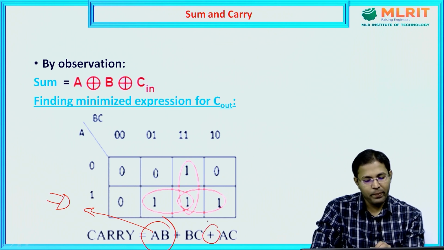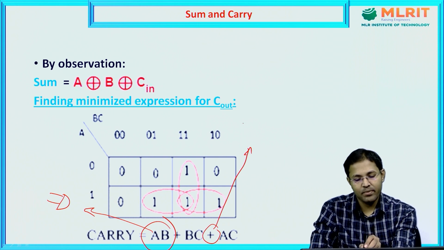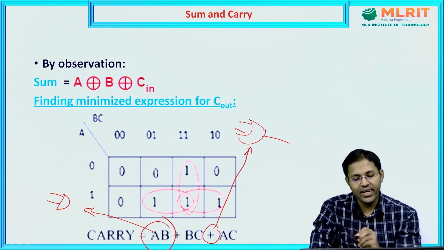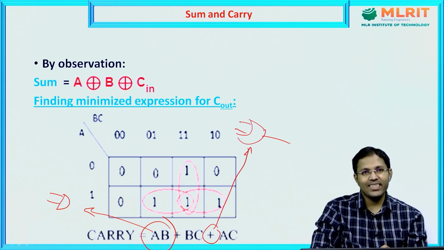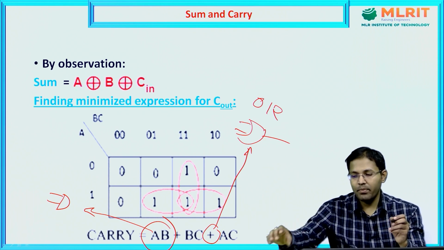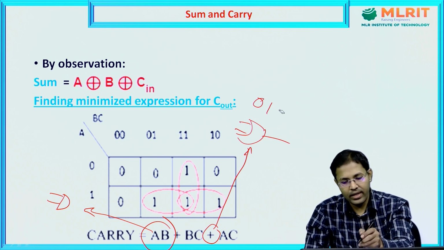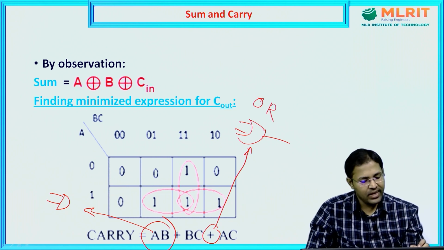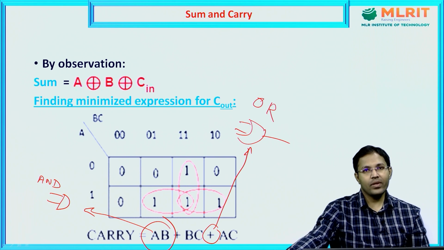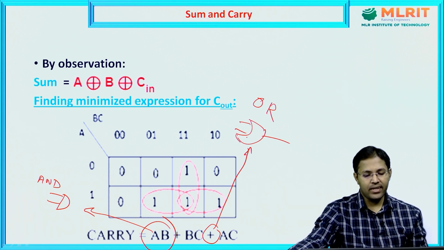The plus, which is the addition, is implemented by OR gate. In Boolean algebra, plus is implemented by OR gate, and multiplication is implemented by AND gate.